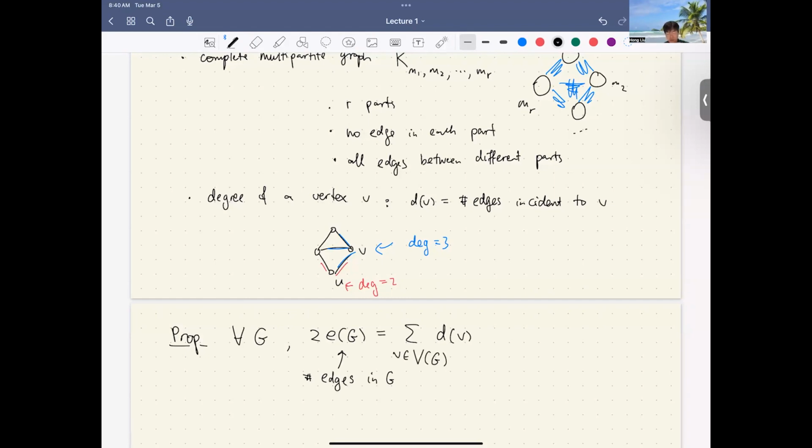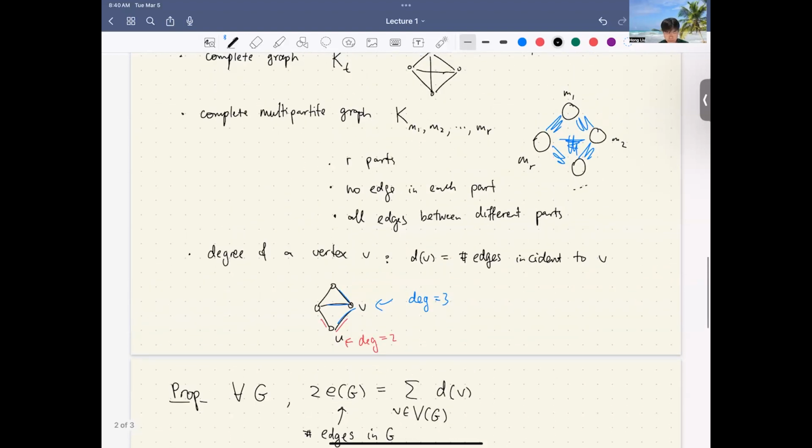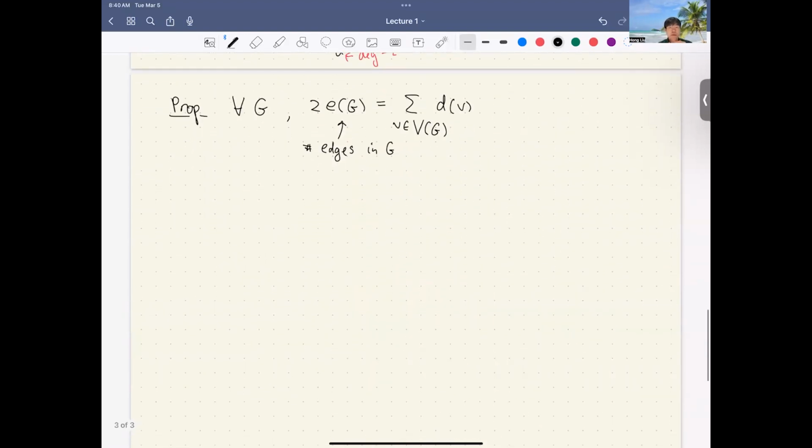So you sum over the degree of every vertex in V, and you end up with 2 times the number of edges.